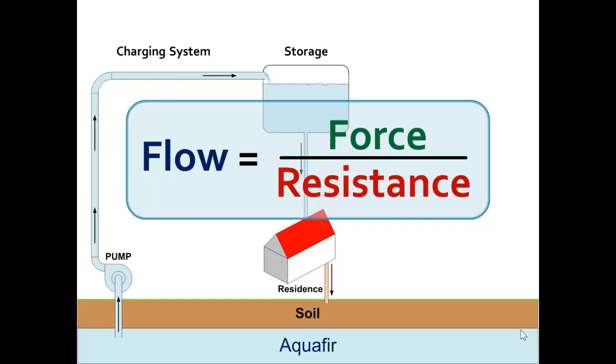So the electrons are more easily displaced out of a gold atom than out of a silver, and silver more easily than out of copper. Therefore, you can say that gold has less resistance to electron flow than silver. Silver has less resistance to electron flow than copper.